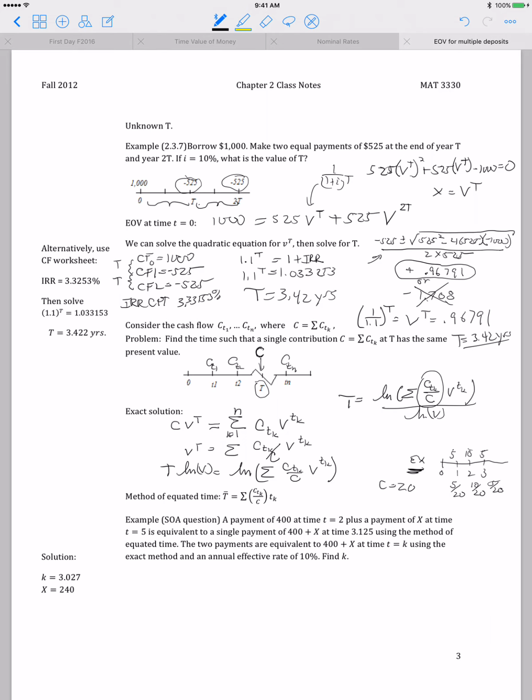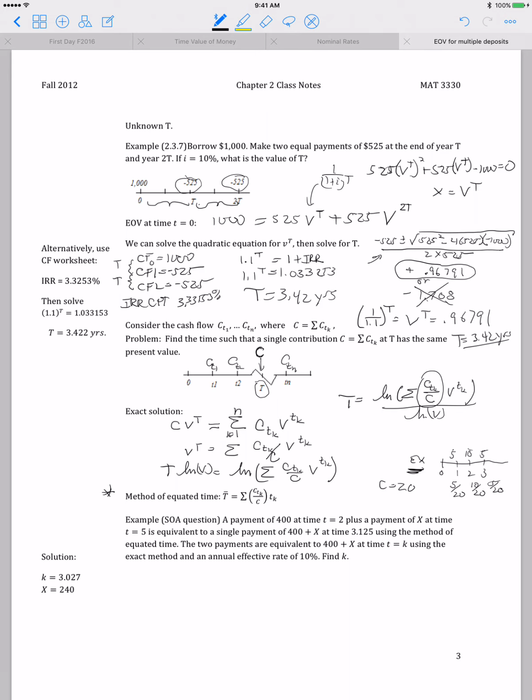Notice my weights add to 20 over 20 or 1. So for weighted averages, the weights must always add to 1. This is the type of weighting system that's used in the numerator above, but it's also going to be used in the method of equated time given in the last paragraph here.